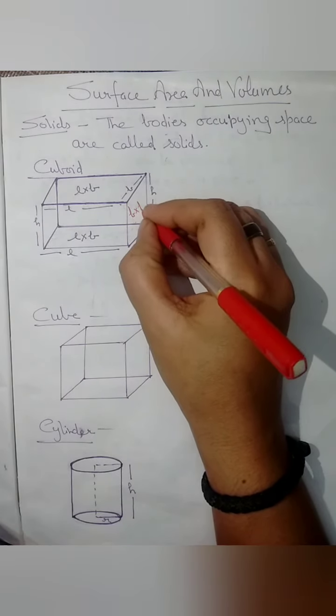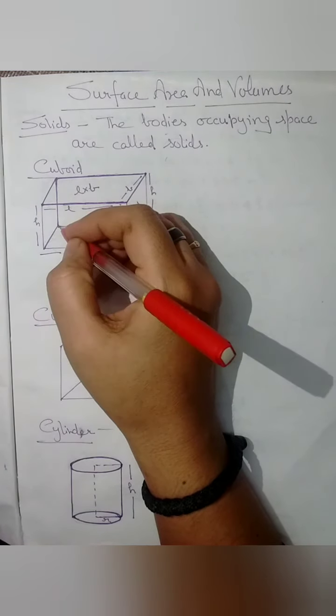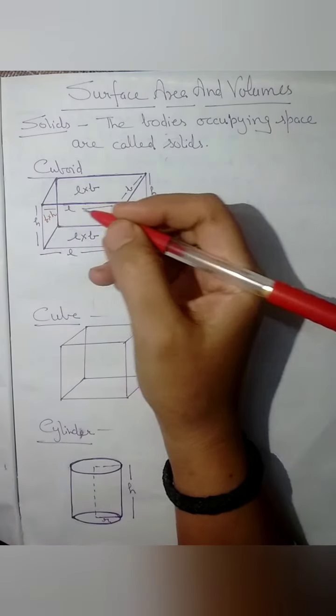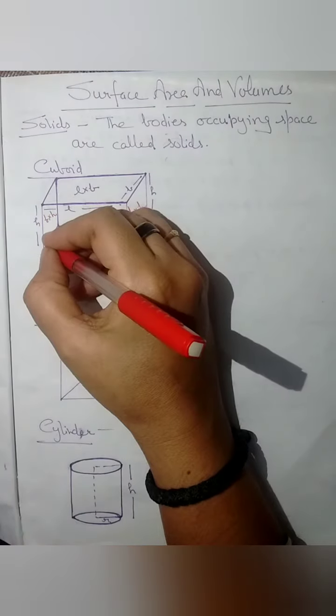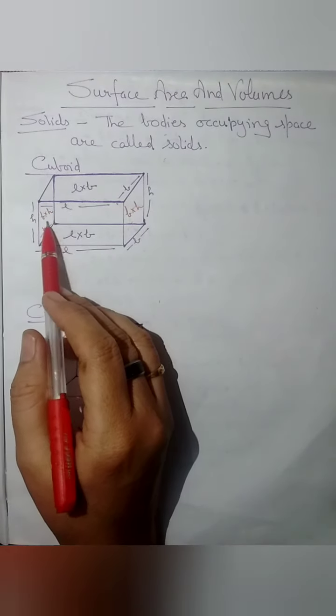B multiplied by H. And the area of this rectangular face will also be B multiplied by H, as this is B and this is H.